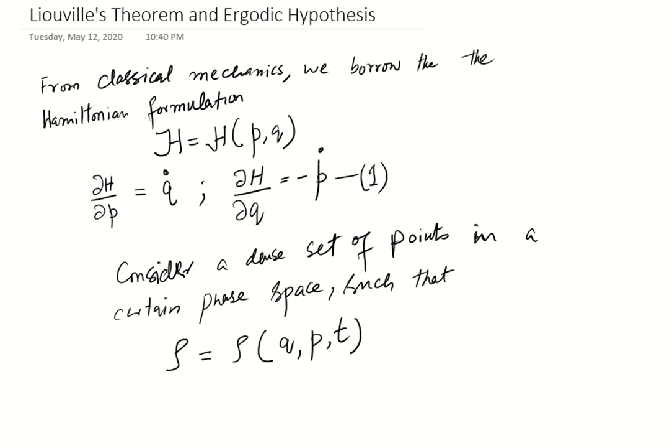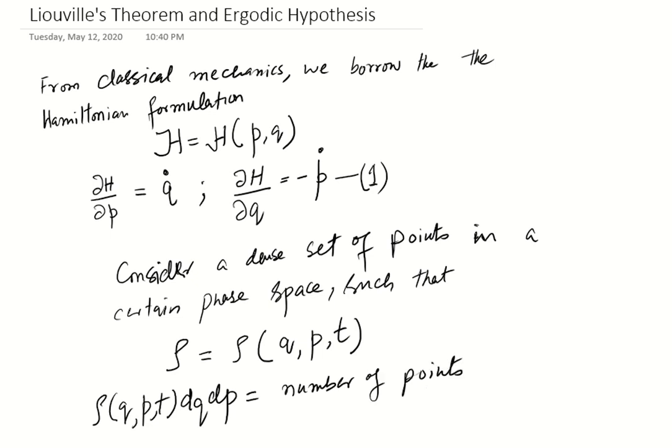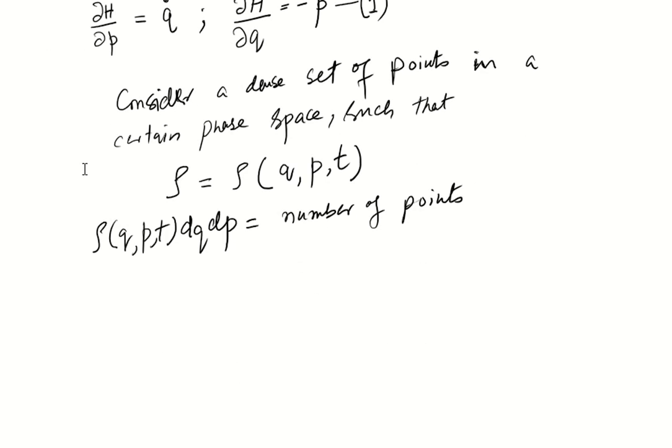And this rho, which is a function of q, p, and t, times dq dp, gives us the number of points with coordinates between q and q plus dq.